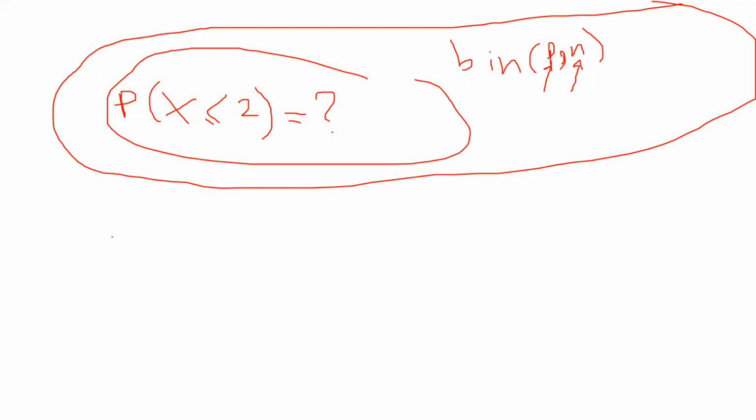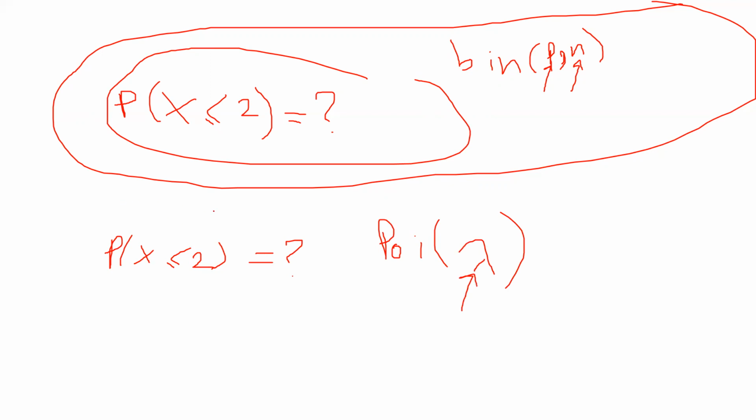The same goes for the Poisson distribution. If we have less than or equal to 2, and I have information about lambda, then I can answer this question. In the previous questions, you saw that I showed you the last format for the table, and I said you can read it from the table. Now we want to practice with that in the next video.